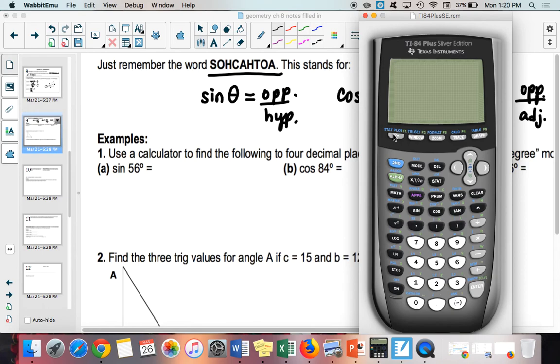No, so for sine it's a cursive S, so opposite over hypotenuse. And then cosine is C, and then adjacent over hypotenuse.